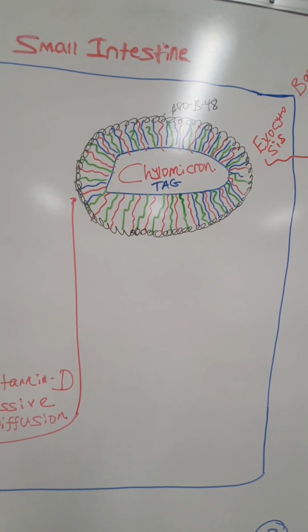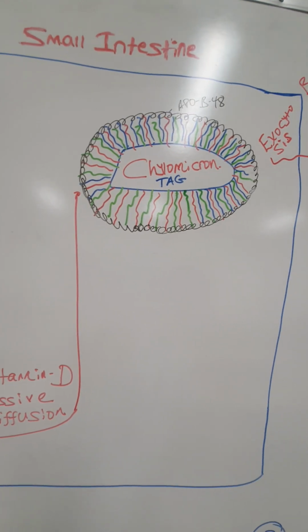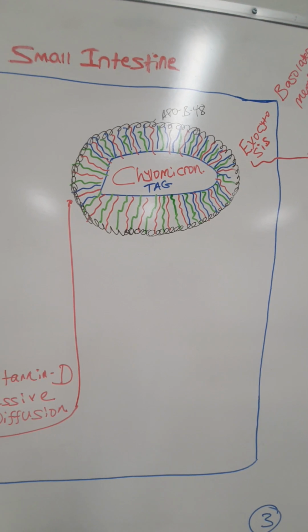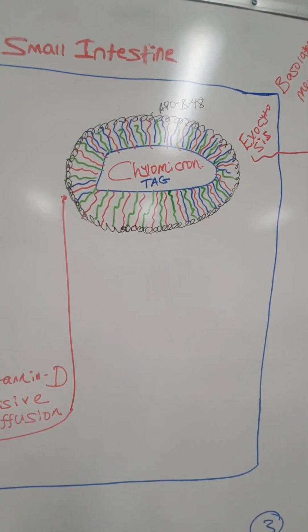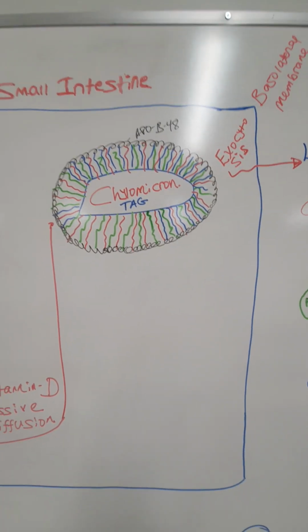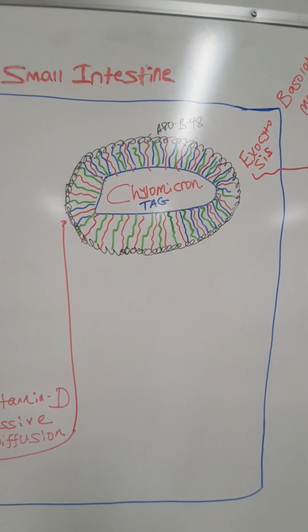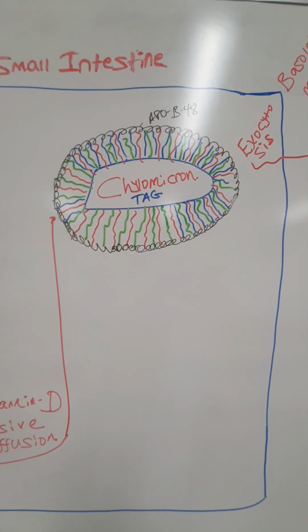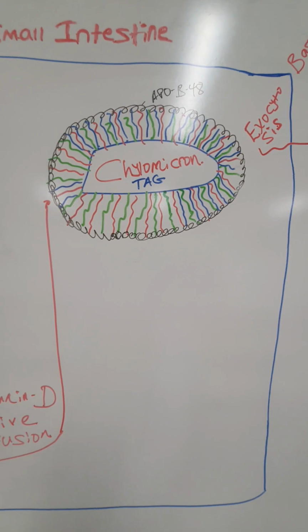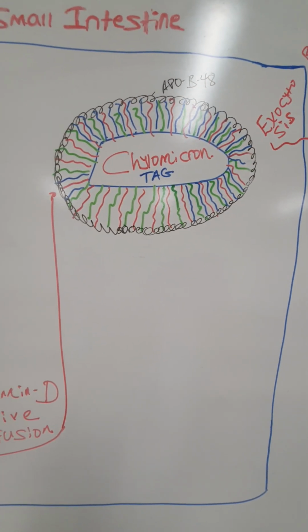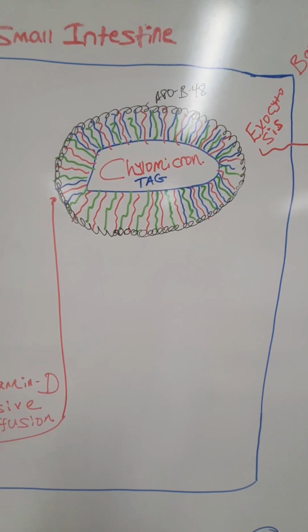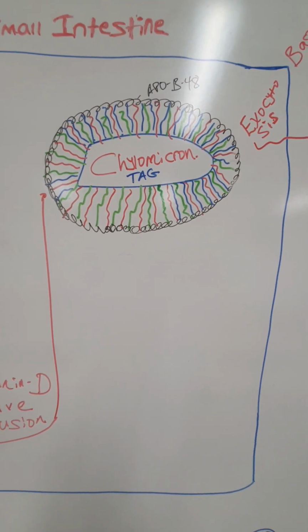These two important molecules get into the enterocyte in the form of free fatty acids and monoacylglycerol. In the endoplasmic reticulum, they undergo reesterification, so that they produce phospholipid again, triacylglycerol again, and also cholesterol esters.